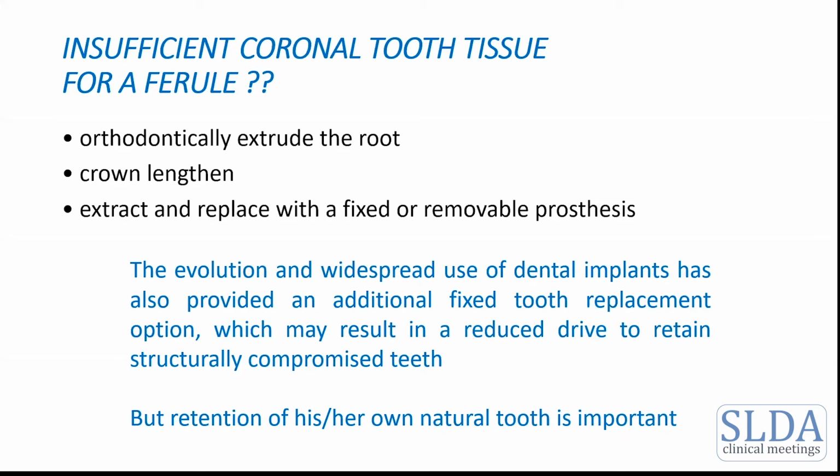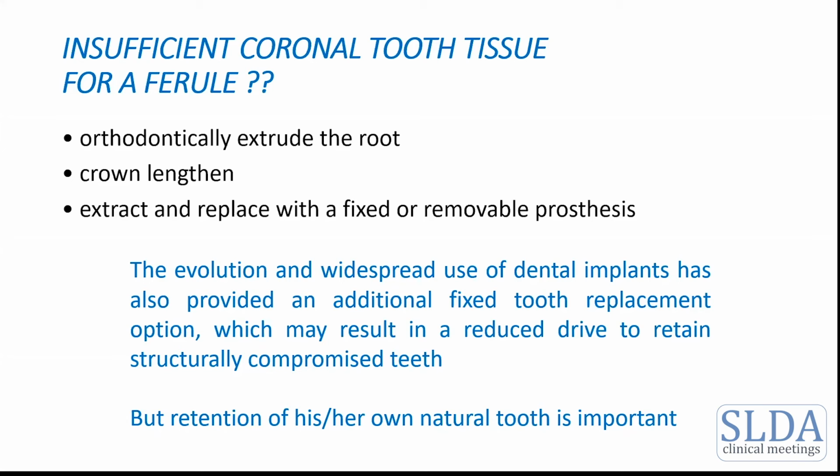Nowadays we are in the dental implant era, so its use is widespread, and it provides an additional fixed tooth replacement option. Therefore, there is a reduced drive to retain the structurally compromised tooth.